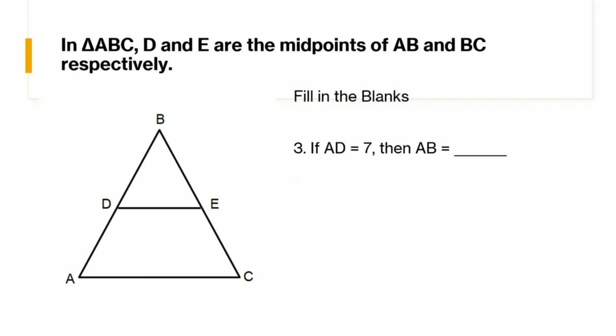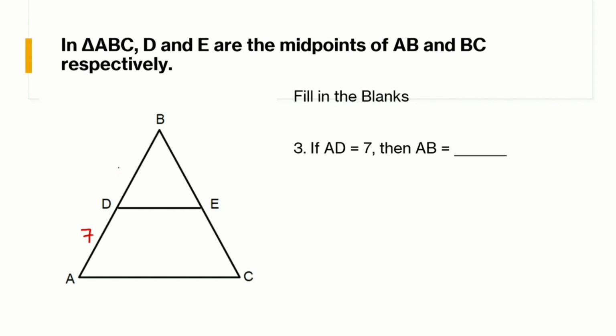Okay, let's now proceed with question number 3. If AD is 7, so this is 7, what is the measure of segment AB? Since point D is the midpoint of segment AB, meaning to say that segment AD is equal to segment DB.